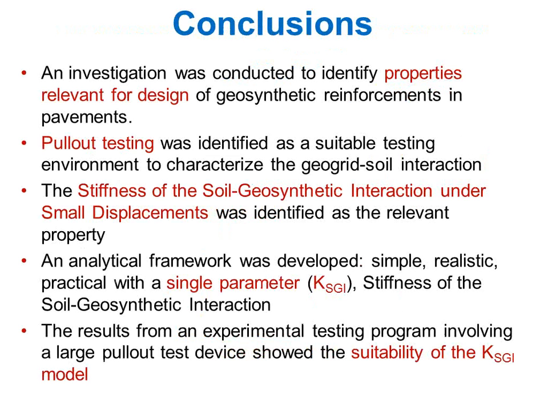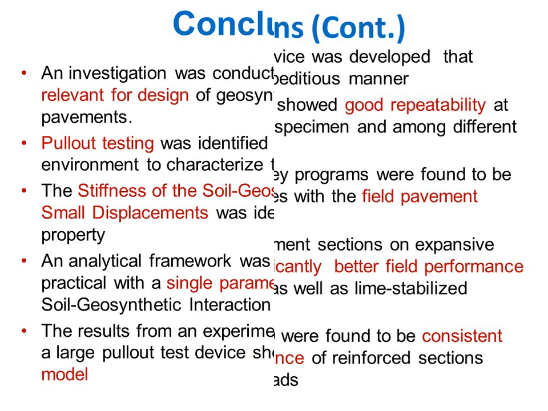And the property that we're currently investigating is the stiffness of the soil geosynthetic composite under small displacements. The results from a comprehensive experimental testing program showed the suitability of the hypothesis that we have identified in order to define this stiffness value.